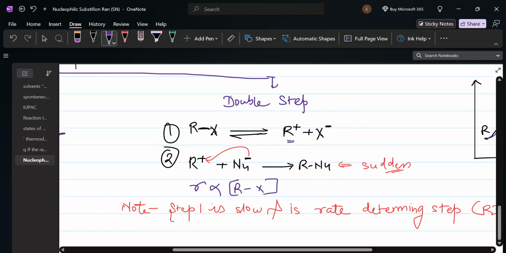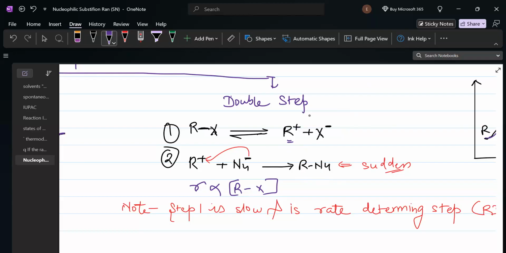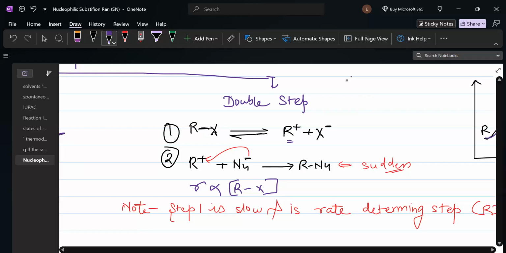The carbocation is present here only. Carbocation is a carbon which has a positive charge on it. For example, CH3CH2+. These are carbocations, or simply you can say R+.